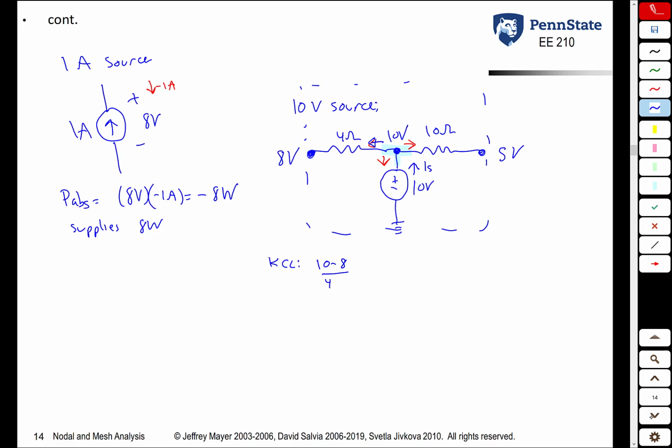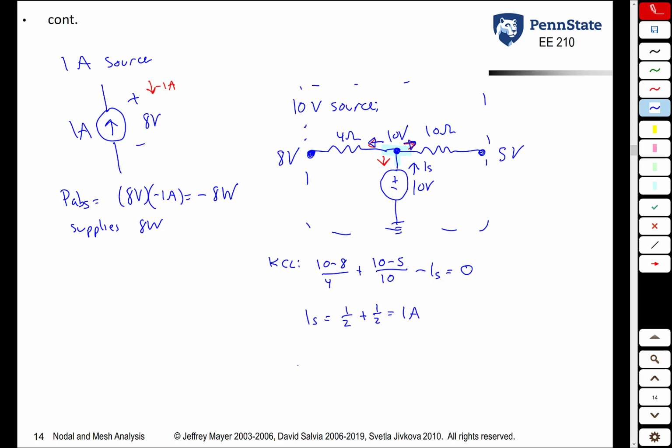So we get (10 minus 8) over 4, plus the current to the right is (10 minus 5) over 10, minus IS is equal to 0. So we can now solve for IS, and we see that IS is equal to what? 1/2 plus 1/2, or 1 amp.